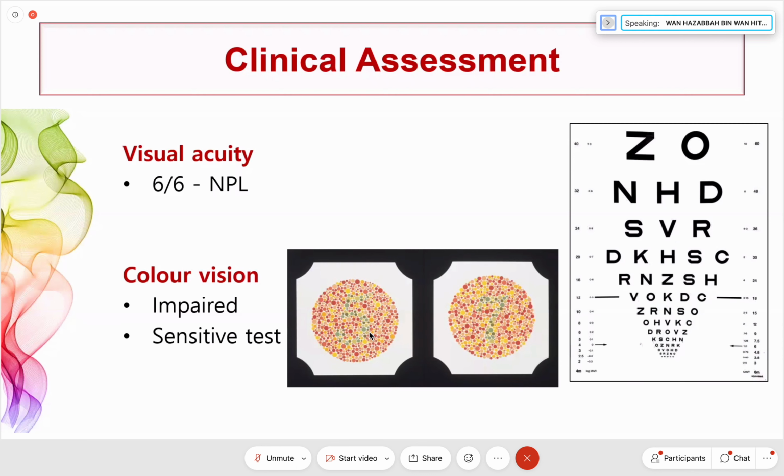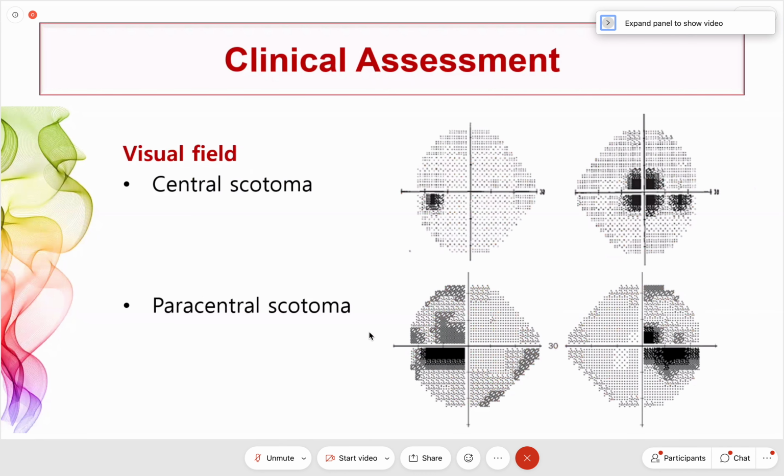Some patients still have good vision, 6/6, but the quality in terms of brightness may be a little low. But some patients may present quite badly, sometimes reaching NPL. So do not be surprised. The most important thing is to investigate first, then we give them the possible treatment.